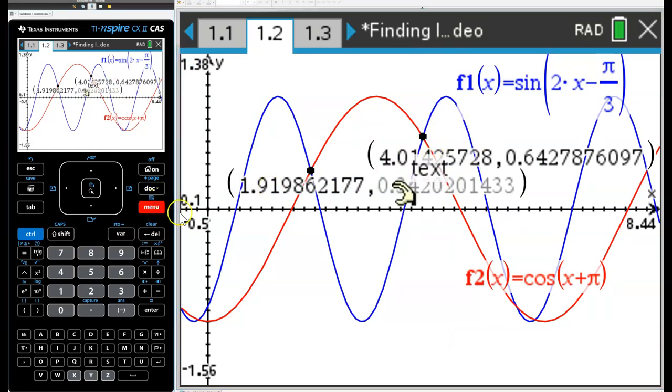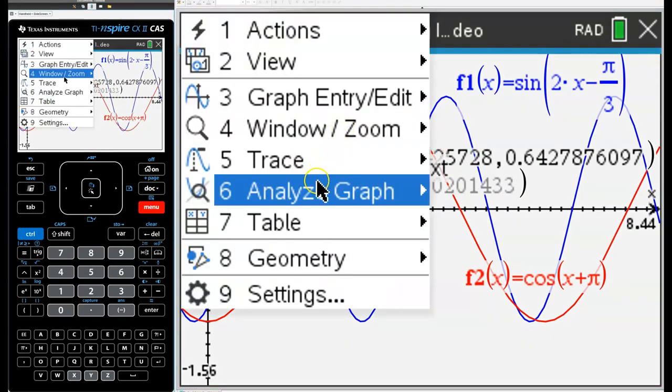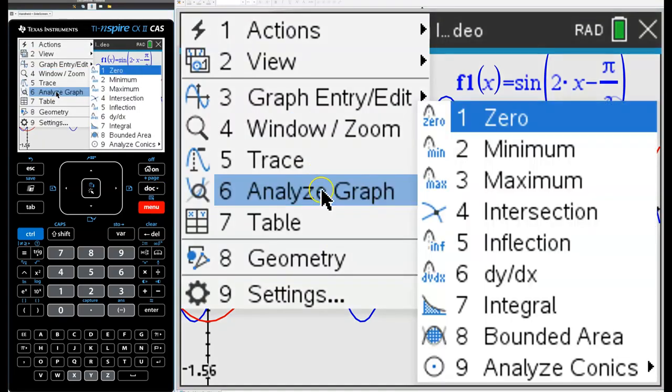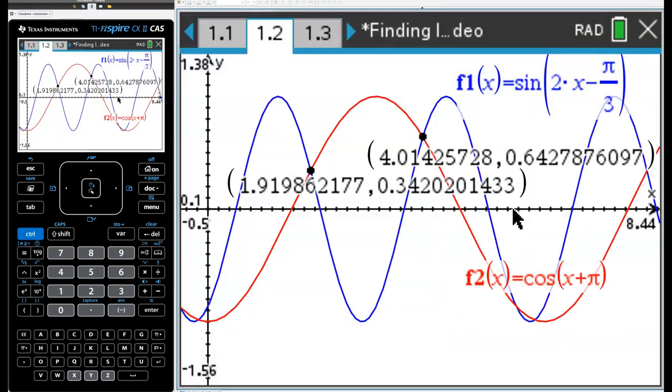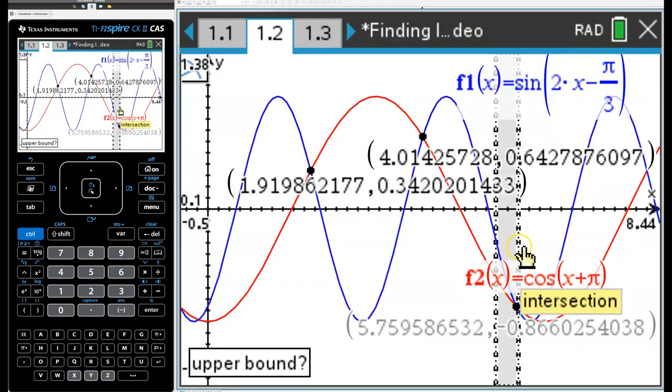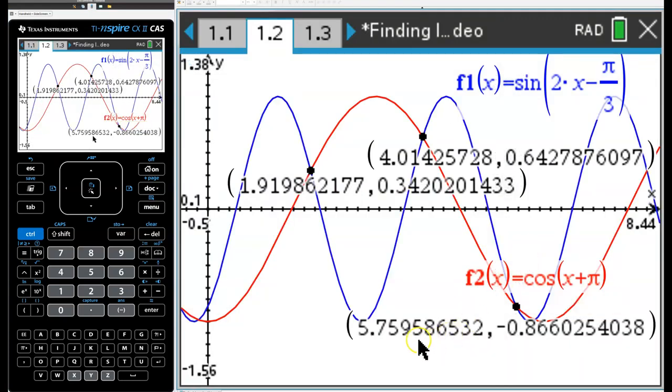All right, then I'm going to find the next intersection. Analyze Graph, Intersection, and I'm going to go left and then right. Okay, so now I have an intersection at 5.759, non-rounded, that would be truncated.